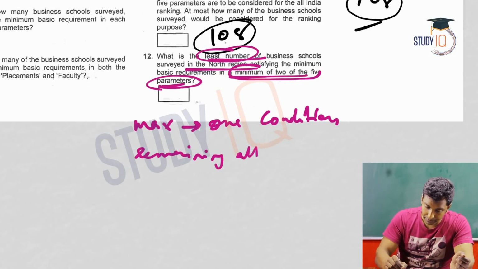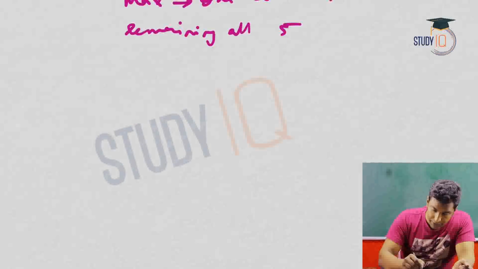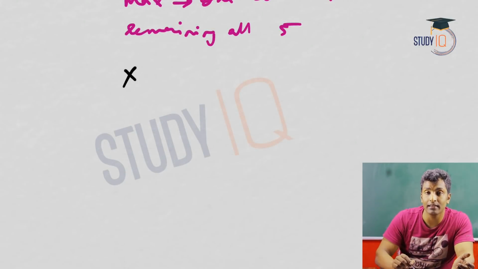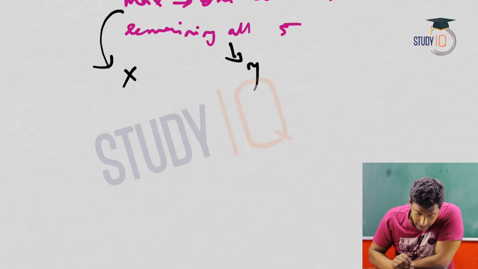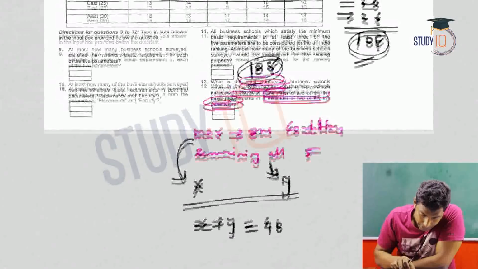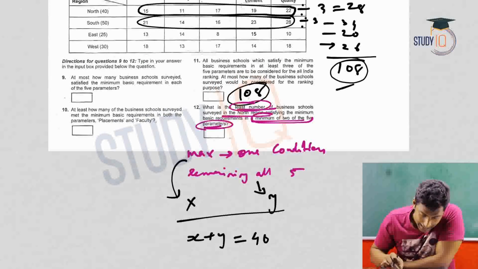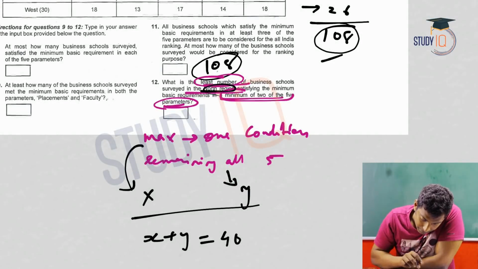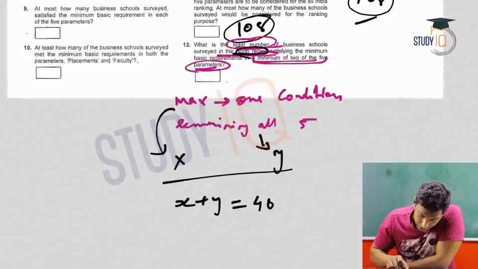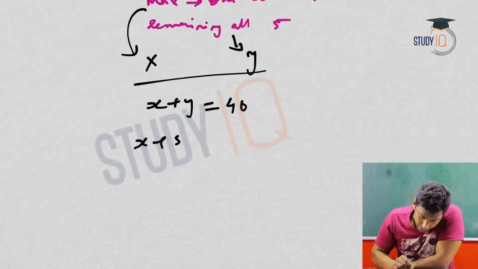all 5. Now if the number of business schools satisfying only 1 criterion is X, and the number of business schools satisfying all the 5 is Y, then X plus Y is equal to 40. Okay, clearly you can see here, you can just add everything, so you'll get 40. Okay, so North region, so just taking the sum 40, and X plus 5Y is equal to 84, right?